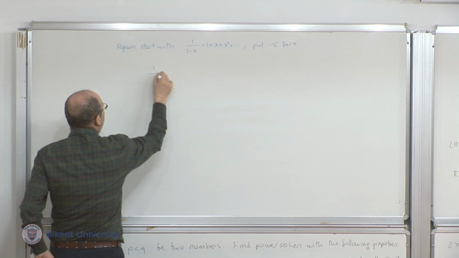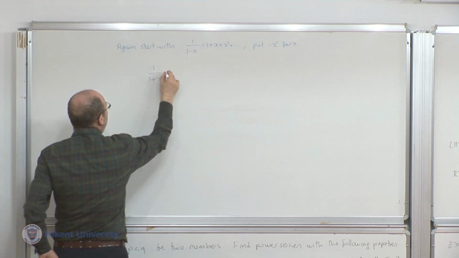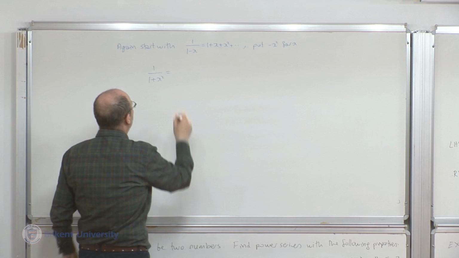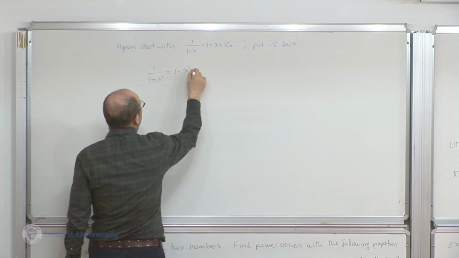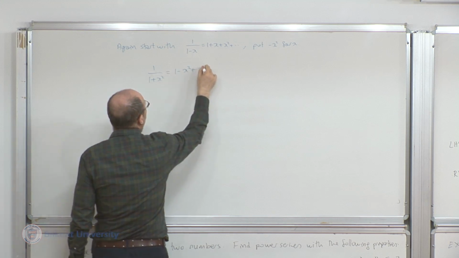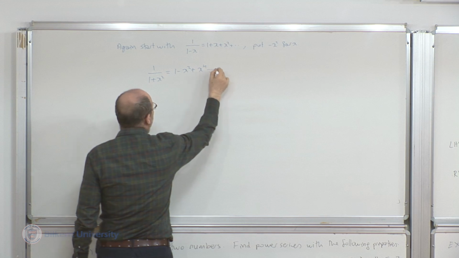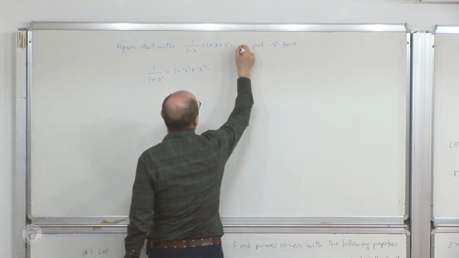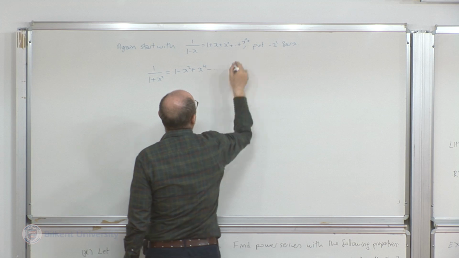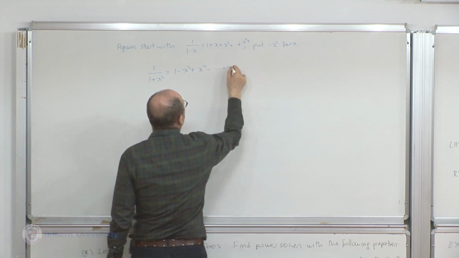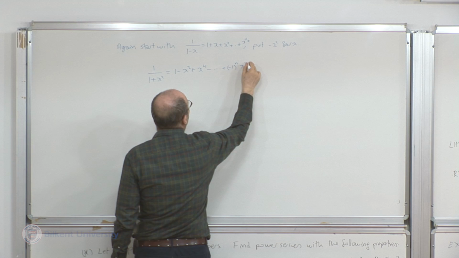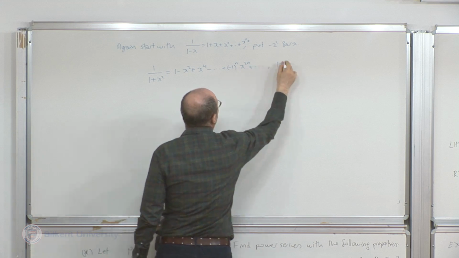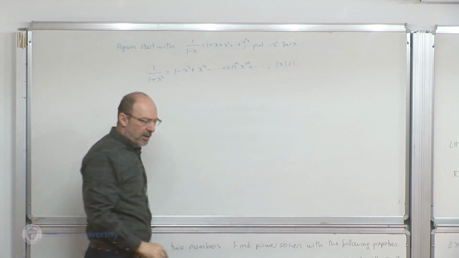So we get this one: 1/(1 + x^2) equals 1 - x^2 + x^4 - ..., where the general term is (-1)^n x^(2n) plus so on, and this holds for |x| < 1.